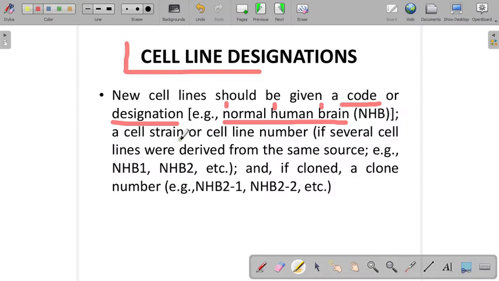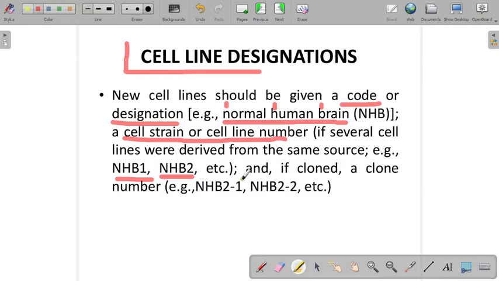Okay, the cell strain or cell line number. What is the cell strain, or the cell line number, or that lineage number? If several cell lines were derived from the same source, then we generally put their names as NHB1, NHB2, NHB3. Source means organ, from the same organ, but at a different time that we are preparing different batches of that cell line.